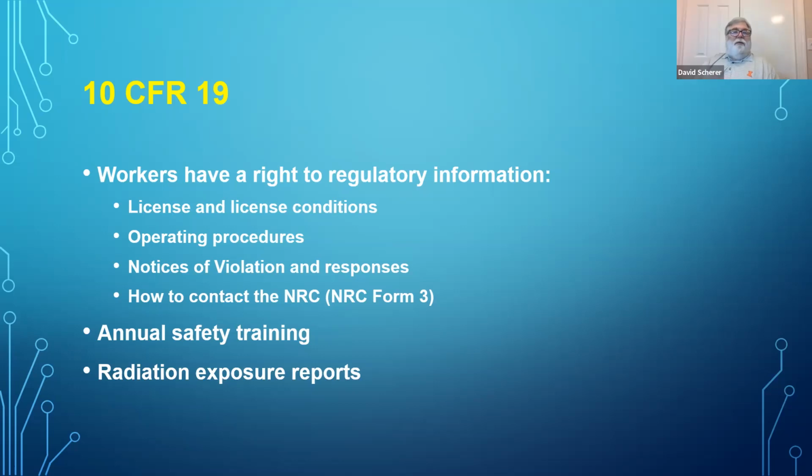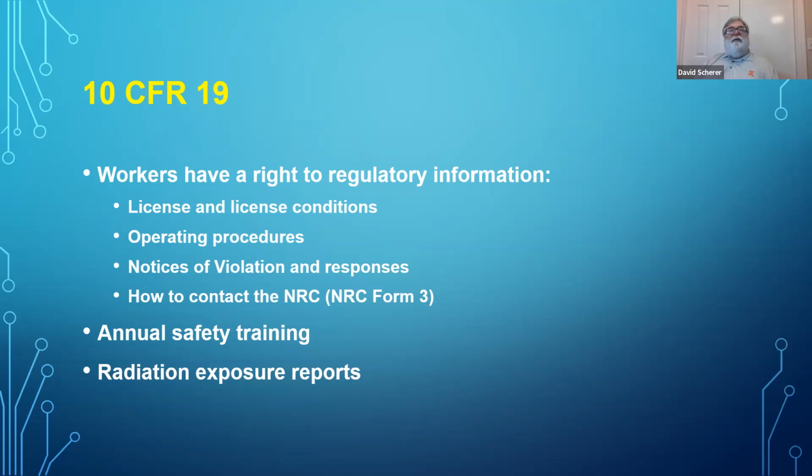So you're required to post in all areas where workers would have access. You've all seen at your workplaces posters with all kinds of information, right? Workers' right to know, and Pregnancy Discrimination Act, and all kinds of things. Well, one of the things that's supposed to go on that poster is the NRC Form 3 or the agreement state equivalent.